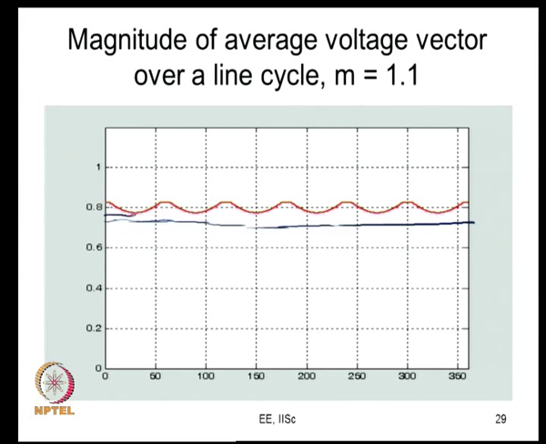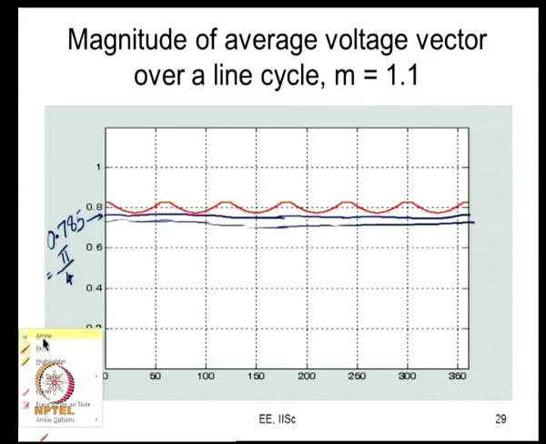Okay, so this is for m equal to 1. So, this one will be actually equal to 0.785, which is pi by 4. That would have been the average value of the vector.